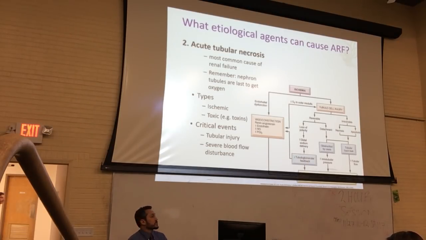The nephron is the last to get the oxygen in this particular structure, just the way it's designed. So they're the most prone to ischemic starvation. And the ischemia can be caused either through a loss of blood flow, or through toxins that overpower the kidney, renal toxins.